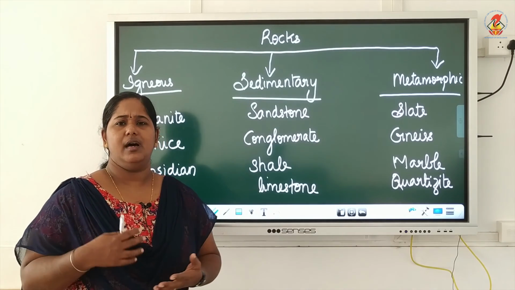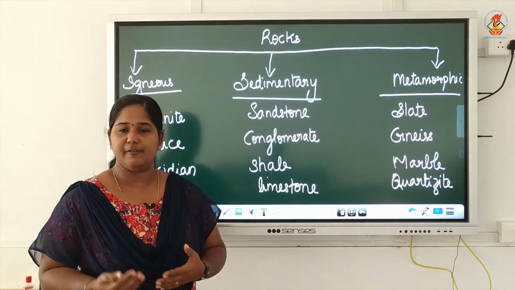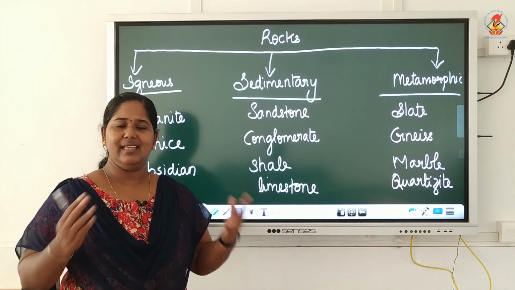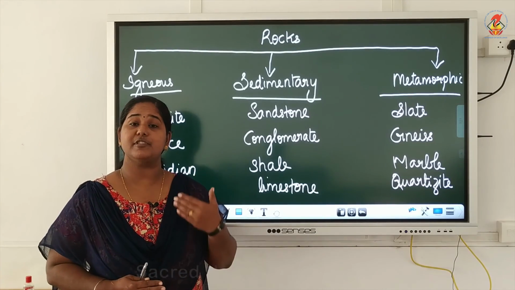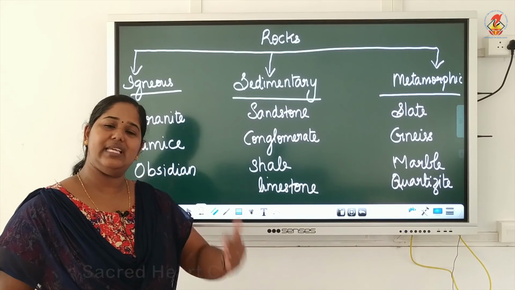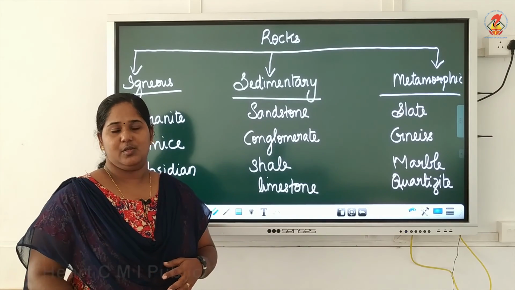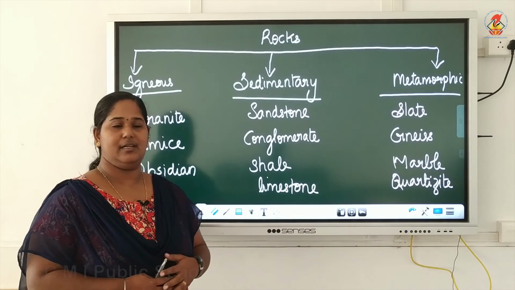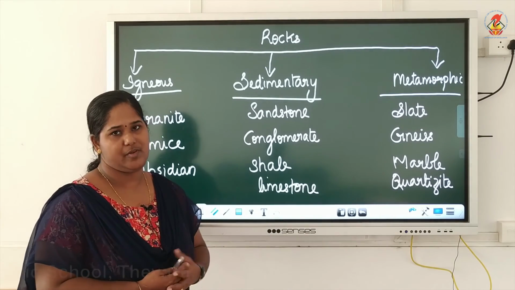It can be shells, it can be footprints, it can be prints of leaves, anything like that. Those imprints are left on the sedimentary rocks, and it is easy for scientists to study these sedimentary rocks to know about fossils. So, that also adds to the importance of sedimentary rocks.